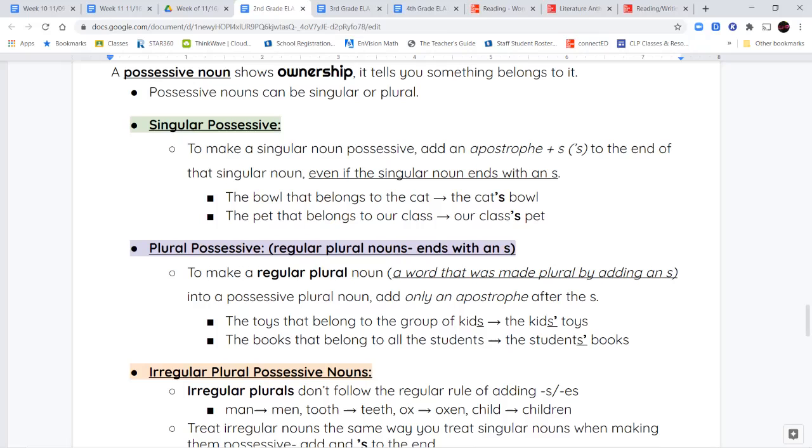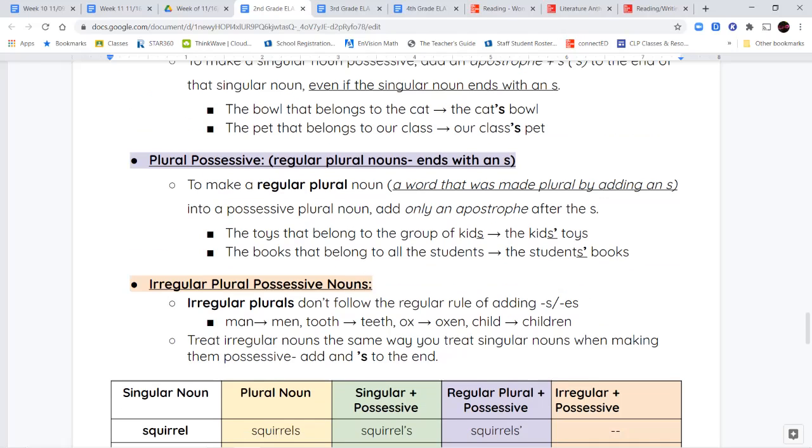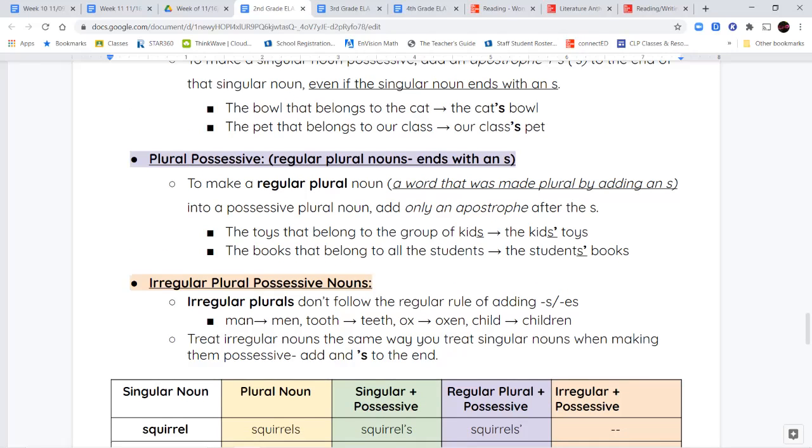Because it's a regular plural noun, there's already an S on the very end of it, so you're just going to take an apostrophe and put it after that final S. If I say the toys that belong to the group of kids, I can say the kids' toys, and I spell kids K-I-D-S apostrophe. Instead of saying the books that belong to all of the students, I can say the students' books. Students, S-T-U-D-E-N-T-S apostrophe, and then the word books.